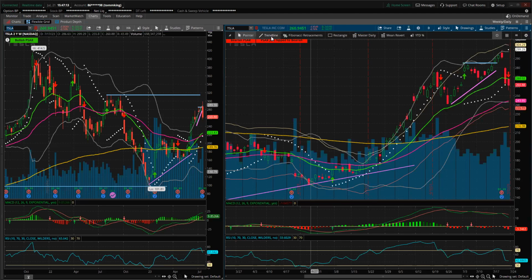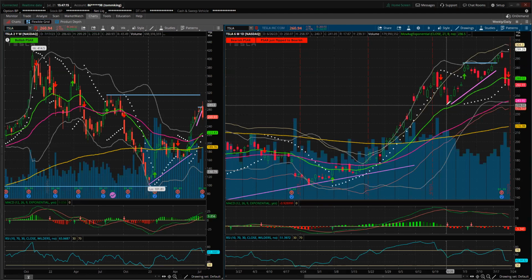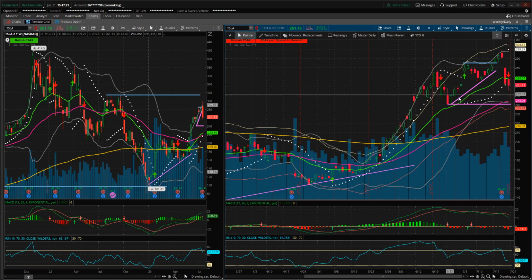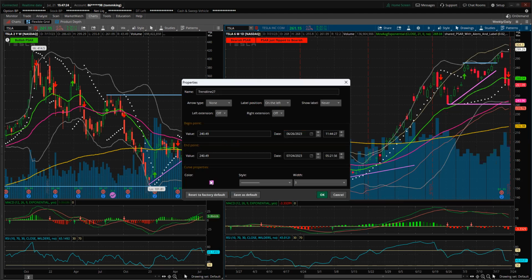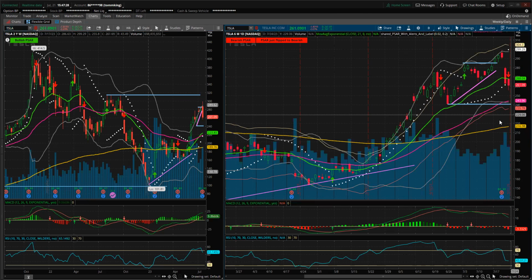If I'm drawing supports, I will look at previous pivot areas where we may have bounced or done something, and those would be areas that I will draw on just to get myself some idea of areas to look for a particular bounce. Or if I, being a premium seller, am going to place a put trade, I want to be below some of these support levels.